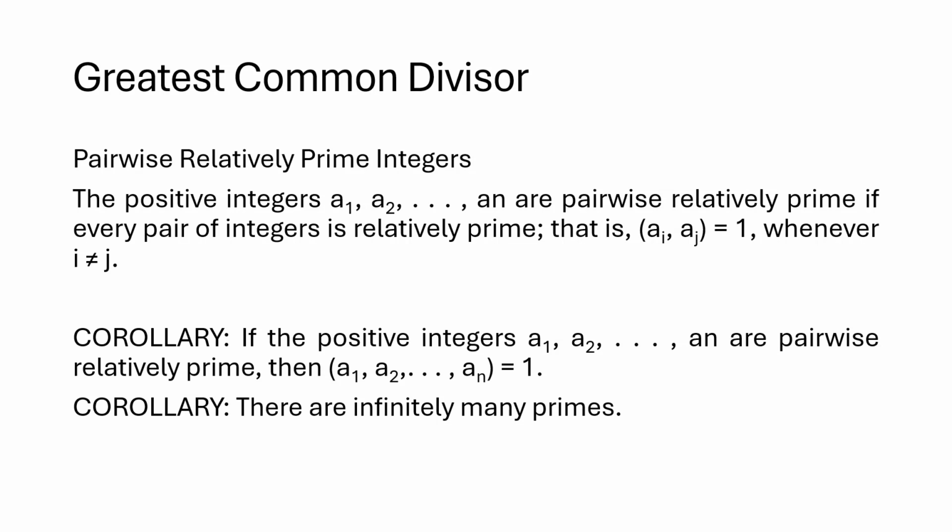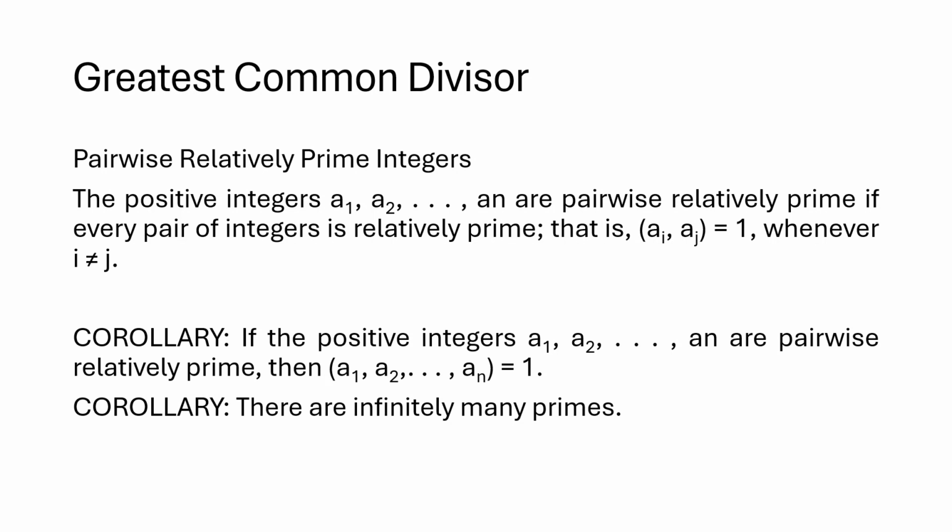That is, if the GCD of a sub 1 to a sub n is equal to 1, then the integers a sub 1, a sub 2 to a sub n need not be pairwise relatively prime. So for example, we have 6, 15, and 49. The GCD of 6, 15, and 49 is equal to 1.